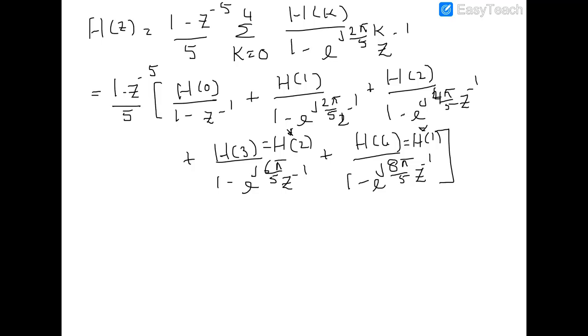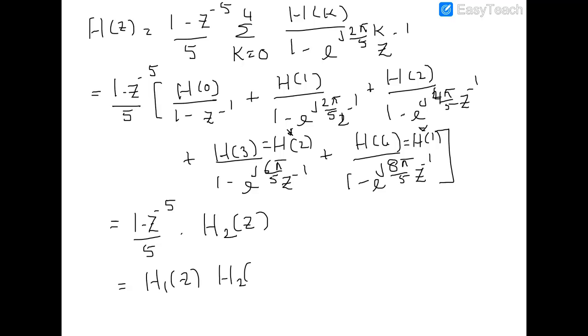So therefore, we can write this as 1 minus z to the power minus 5 by 5 into H2 of z, and that is H1 of z multiplied by H2 of z. Let us try to draw the structure for this.